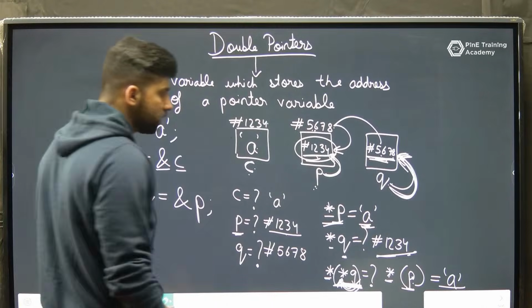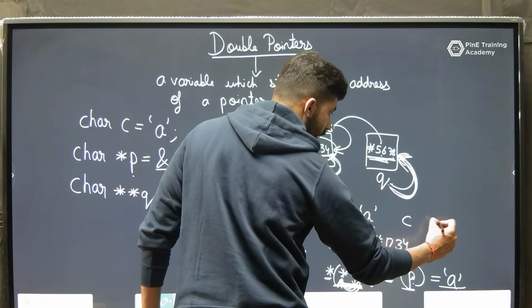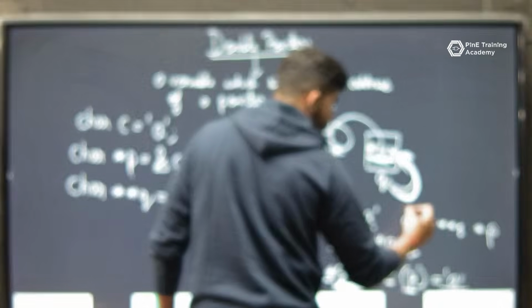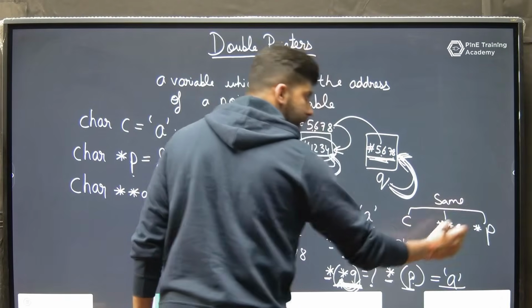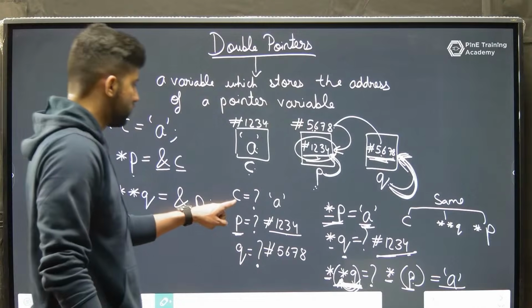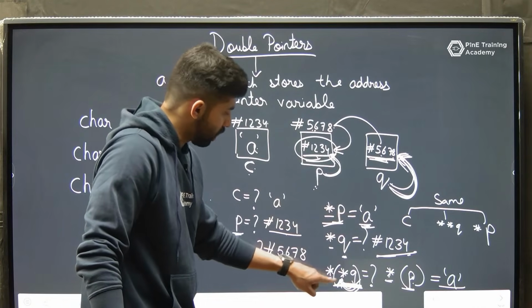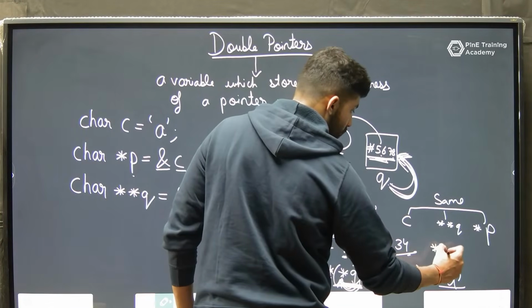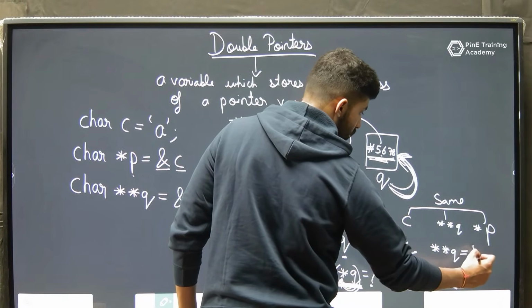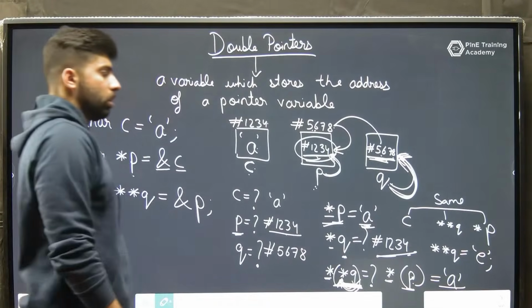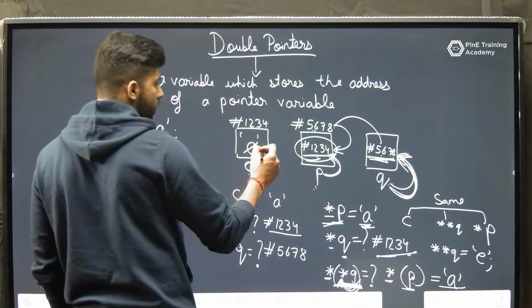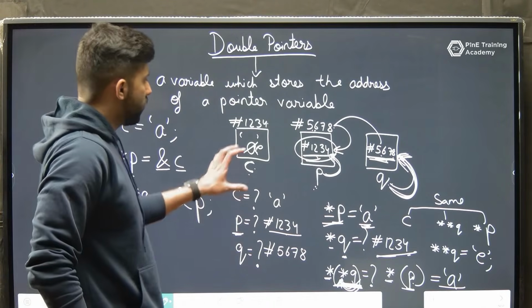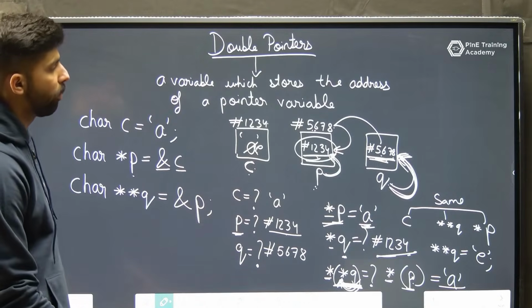So here I can say that C, asterisk asterisk Q and asterisk P, all of them are the same, because C is also A, star P is also A, star star Q is also A. That means if I change something, it will essentially change the value at this particular point.